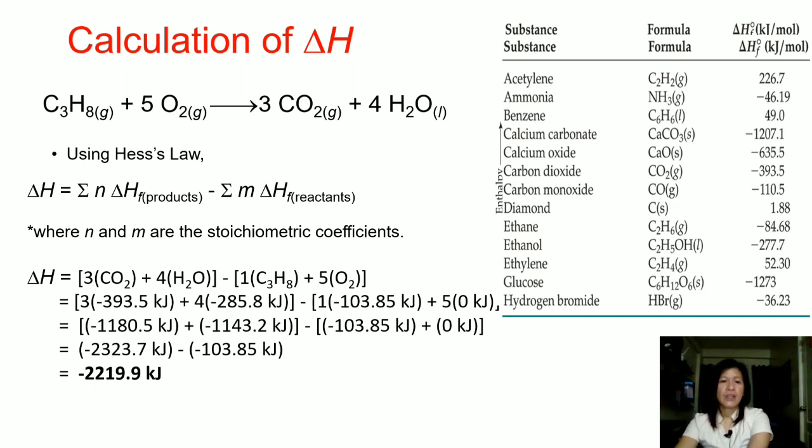negative, for the products, we have negative 2,323.7 kilojoule minus, for the reactants, we have negative 103.85 kilojoule. Having them subtracted, the final answer is the enthalpy of the reaction will be negative 2,219.9 kilojoule.